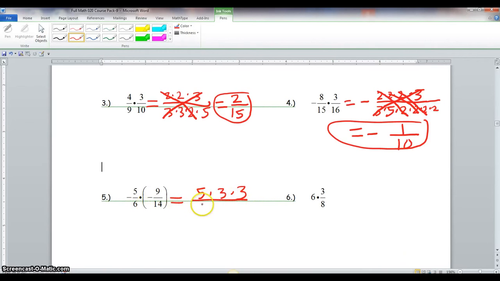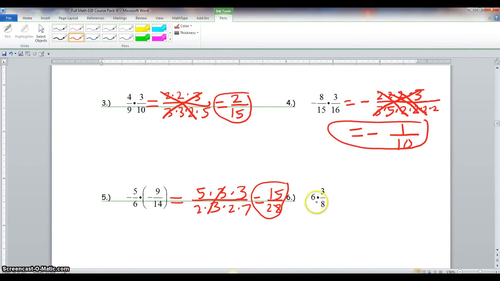Now the prime factorization of 6 is 2 times 3, and the prime factorization of 14 is 2 times 7. Now because we know our final answer is going to be positive, we don't need to write the negative signs. Okay, now we have one set of 3's in common, and that's it. So 5 times 3 is 15, and 2 times 2 is 4, times 7 is 28. So our final answer here is 15 over 28.